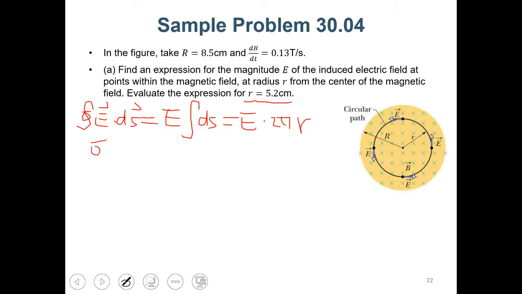And phi B is B times the integral of dA, which is B pi r squared.